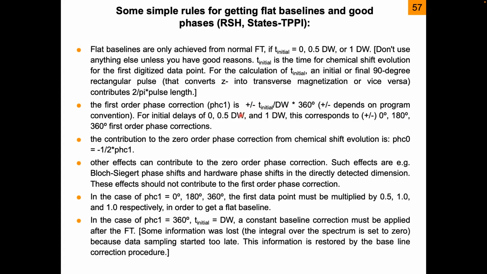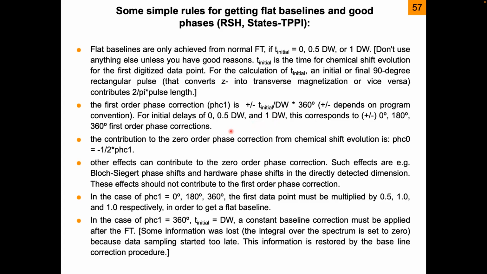And then, for initial delays of 0, half a dwell time or a full dwell time, this corresponds to a linear phase of 0, 180 degrees or 360 degrees. And the contribution to the 0 order phase from this chemical shift evolution that is happening until the first data point is just minus half of the first order phase. But you can have other effects on the 0 order phase.